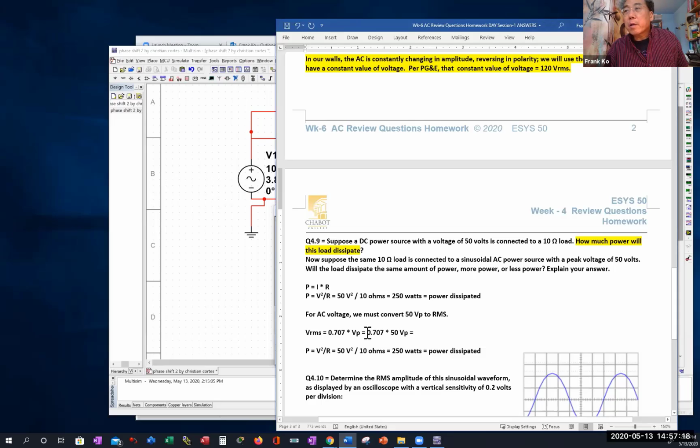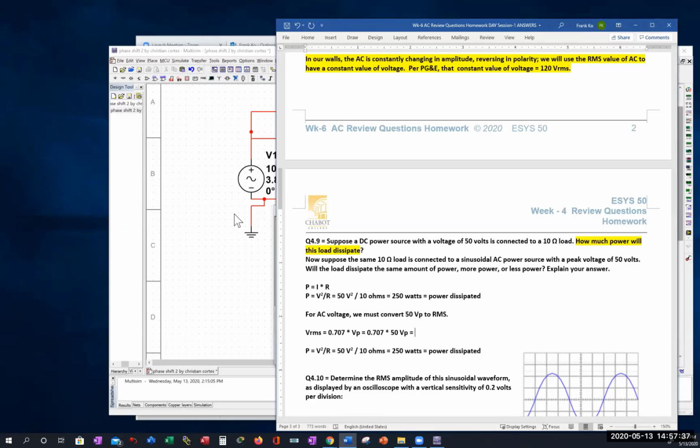We're going to multiply 0.707 times the 50 volt peak in order to get RMS. 50 times 0.707 gives you what number, my friend? I got 35.35. 35.35 VRMS would be correct.